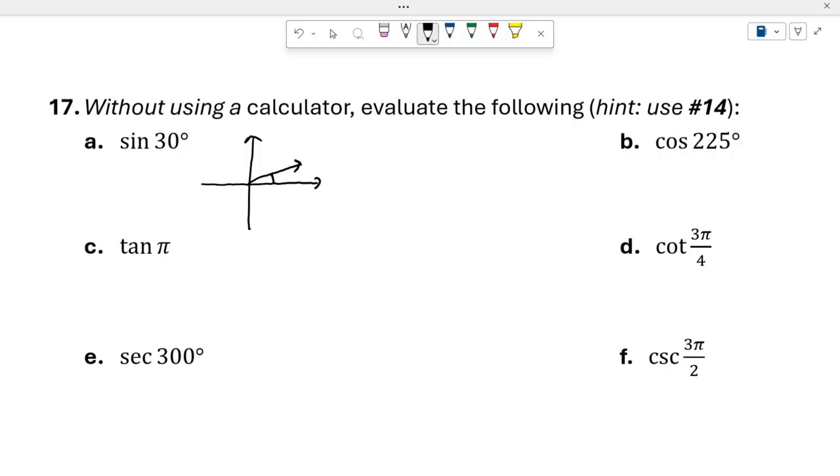And I want sine, so I'm going to be thinking about the xy coordinates that exist at 30 degrees. At 30 degrees, the triangle that gets formed, with this as x and this as y, is a wide, short triangle. So I go pretty decently far to the right, but I don't go up very much.